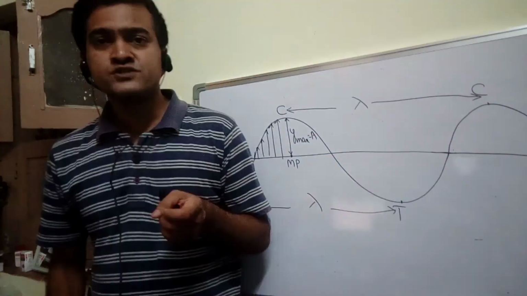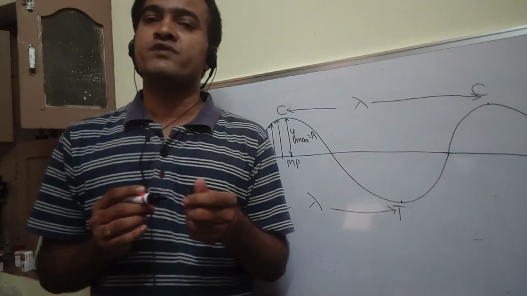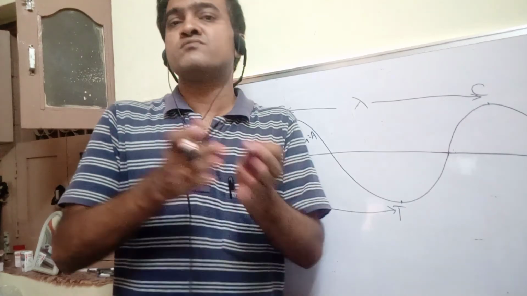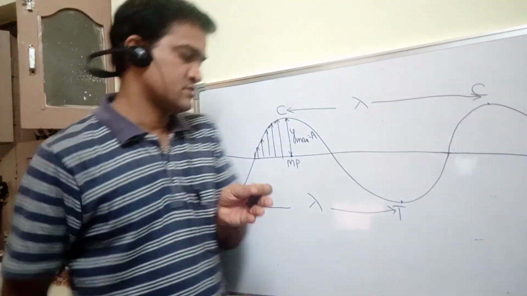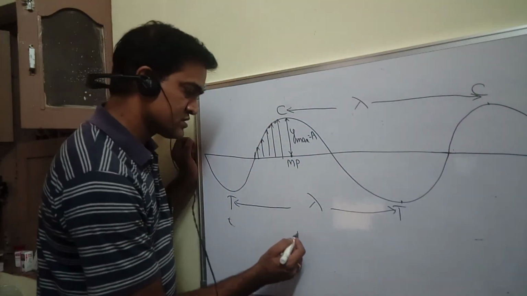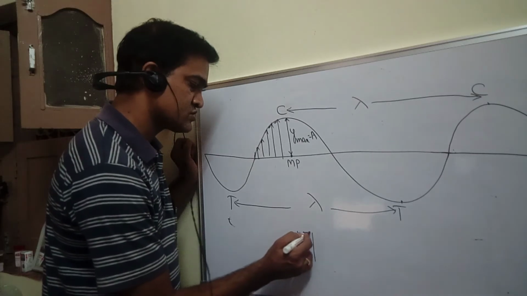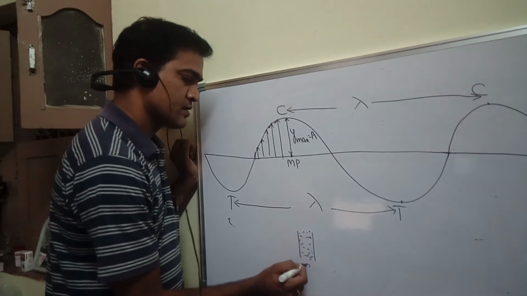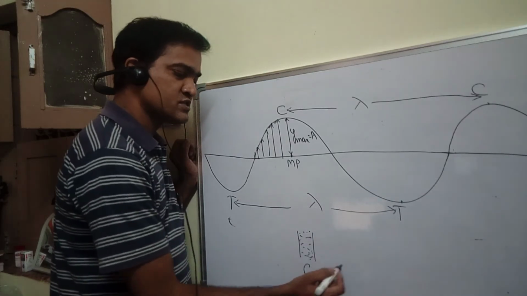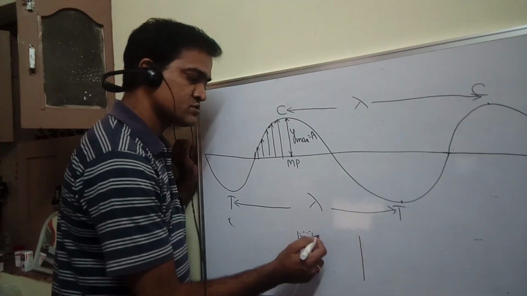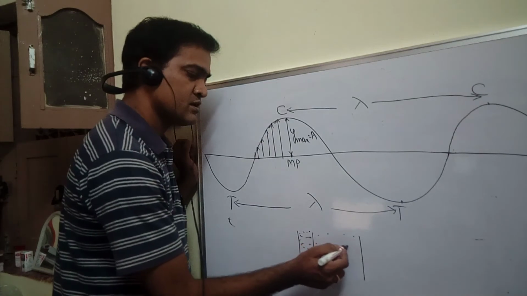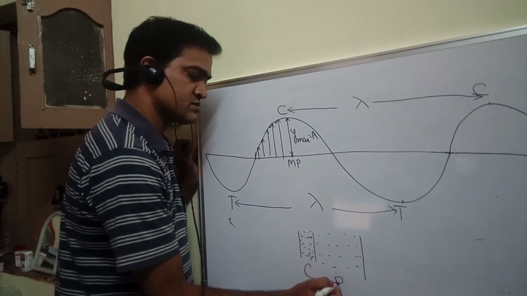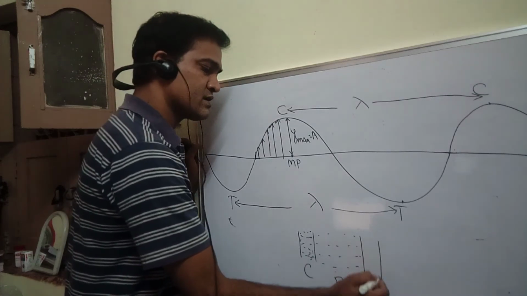If I take a longitudinal wave, the distance between two successive compressions, this region I am considering as compression, and after compression you will get a rarefaction. This region is called rarefaction, where the particles are far away from each other. Again you will get a compression.